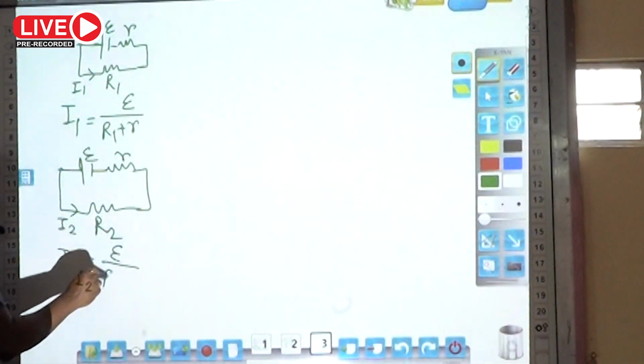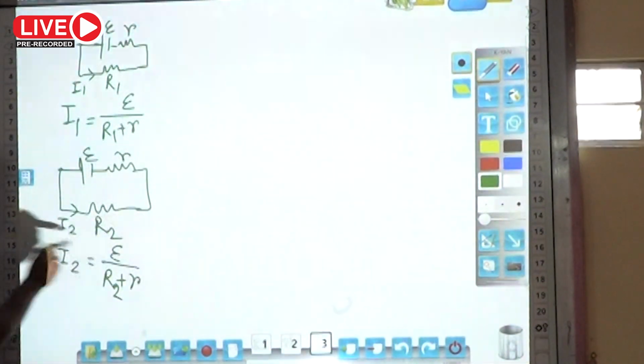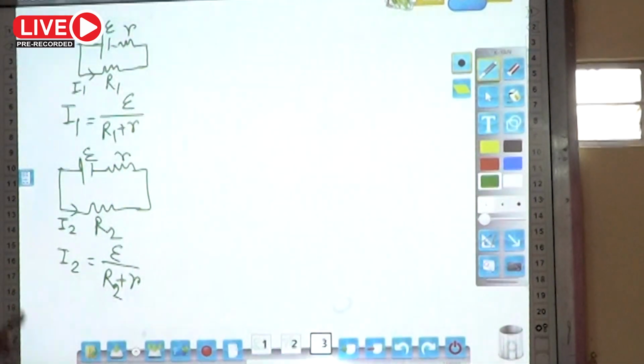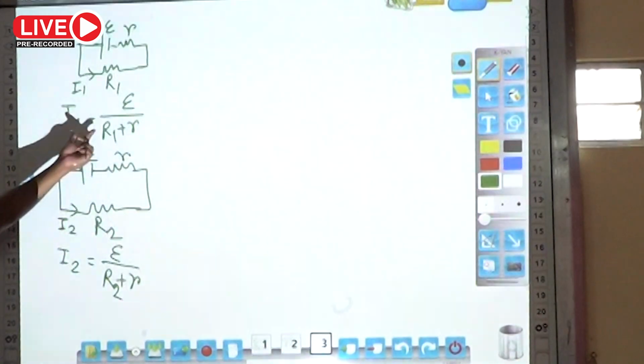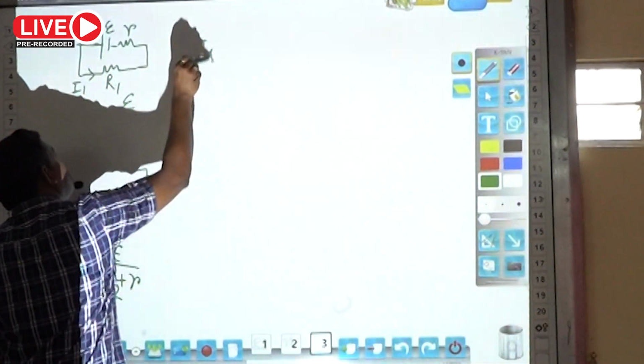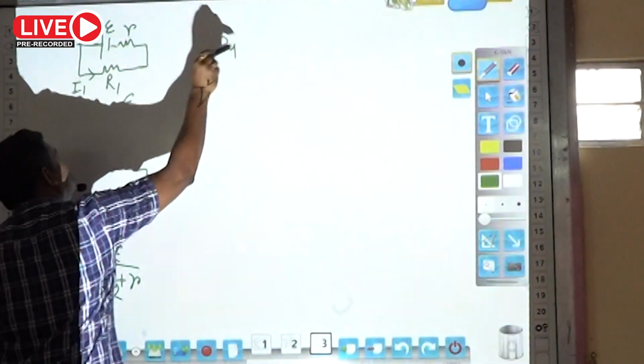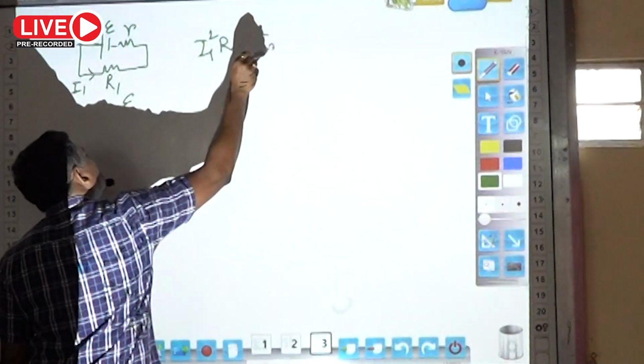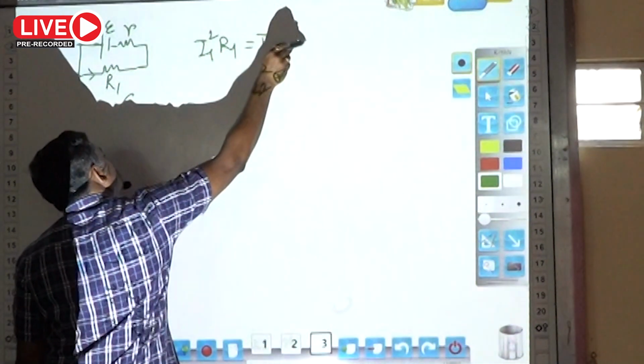E by R2 plus small r. Is it clear how to write I1 and I2? Now consider that the power developed across both the external resistors is the same, that is I1 square R1 should be equal to I2 square R2.